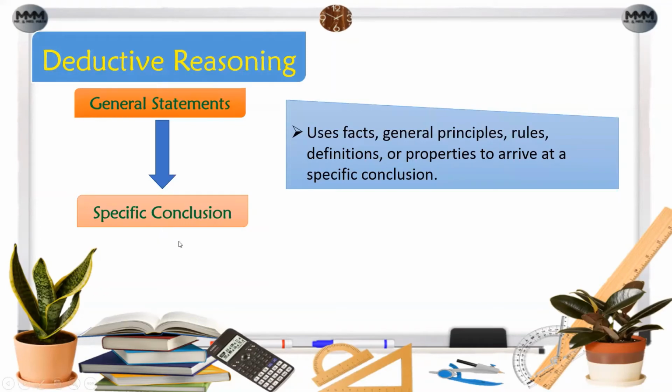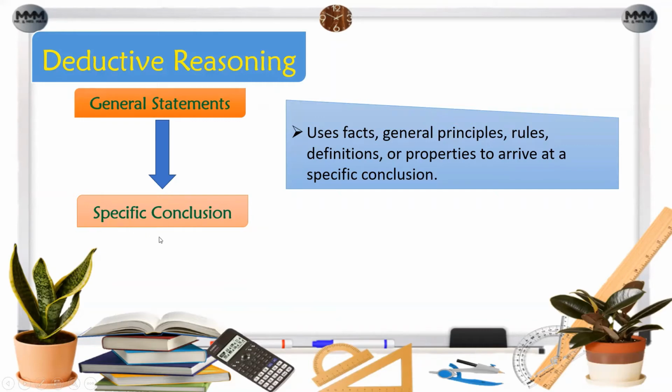Take note that in this type of reasoning, we are basing it from general statements, from a wider scope, and then we conclude something very specific.